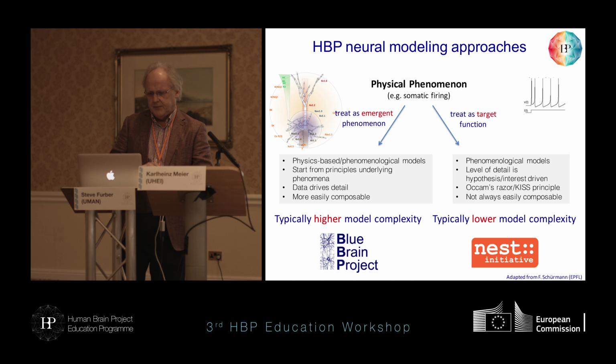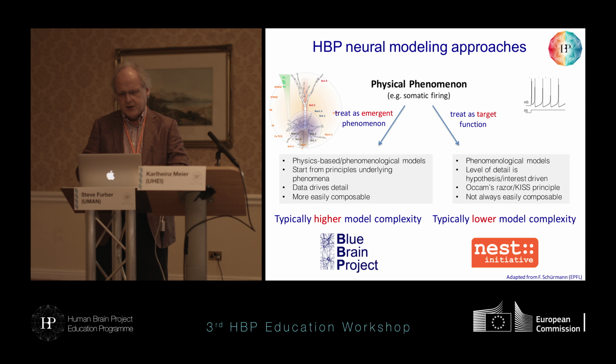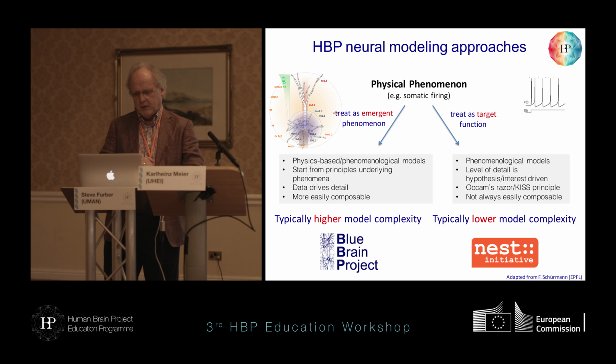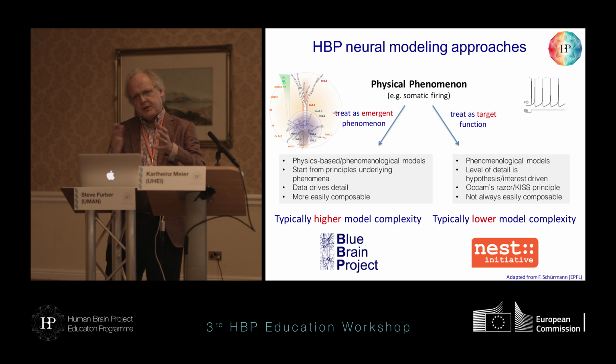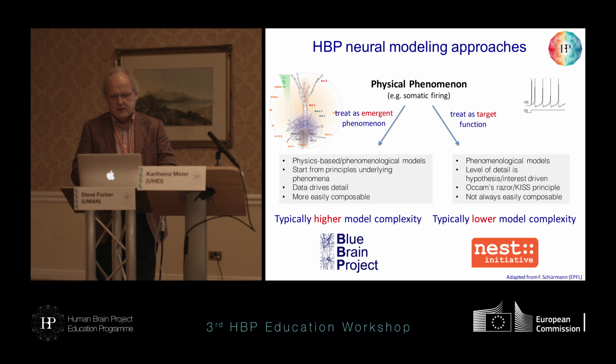And so these models are based on observed phenomena abstracted into equations, and then the amount of detail you put into the model depends on what you're interested in, what your hypothesis is that you want to test. You generally keep the model as simple as you can, consistent with your objectives. So the technical terms for this are Occam's razor, or the KISS principle.